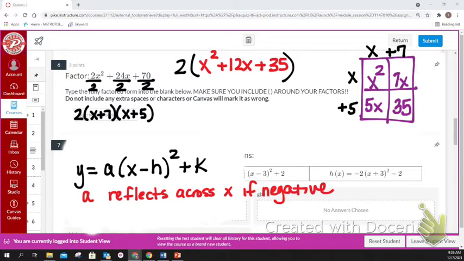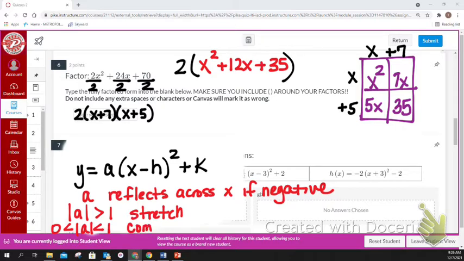The one thing that I noticed that students get mixed up a lot is when it stretches and when it compresses. So if the absolute value is greater than 1, it's going to stretch. But if the absolute value is a number between 0 and 1, that's when it compresses.